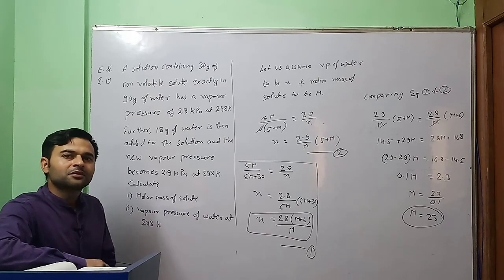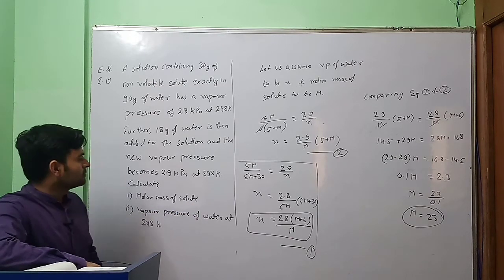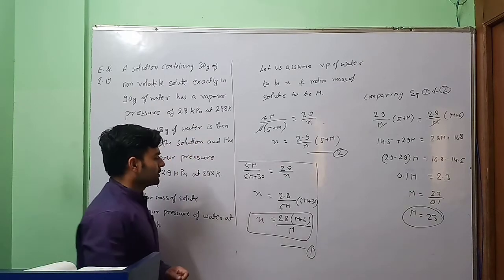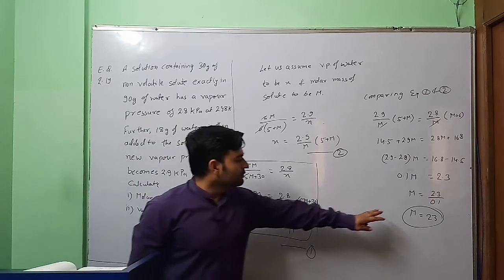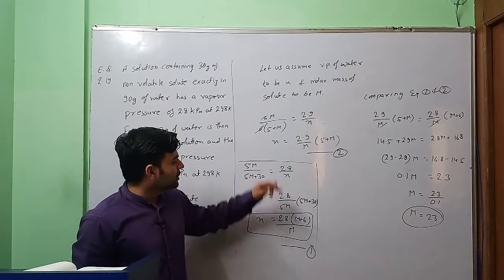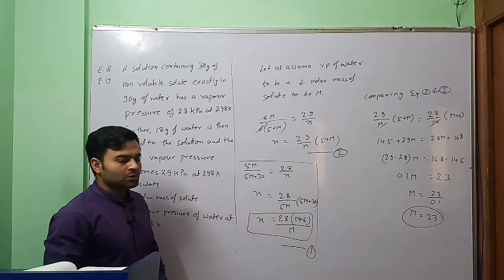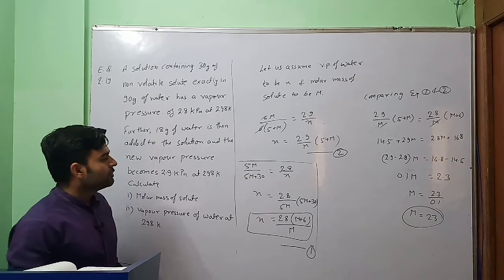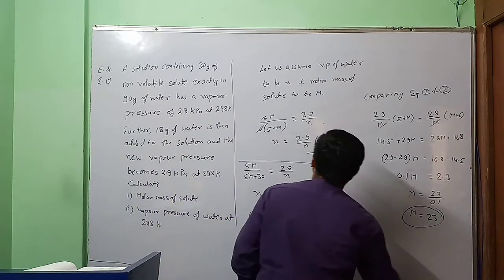Now we will solve the second part, the vapor pressure of water. We can use the value of M in either equation 1 or equation 2. So let's solve for the vapor pressure of water.